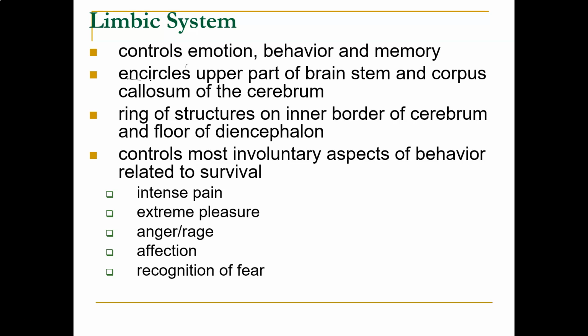For example, up here you see how they say it encircles the upper part of the brainstem and part of the cerebrum, and some structures on the floor of the diencephalon. So different parts of the brain are involved. And this is, to put it succinctly, your emotional brain. It mediates the physiological changes that accompany emotions.